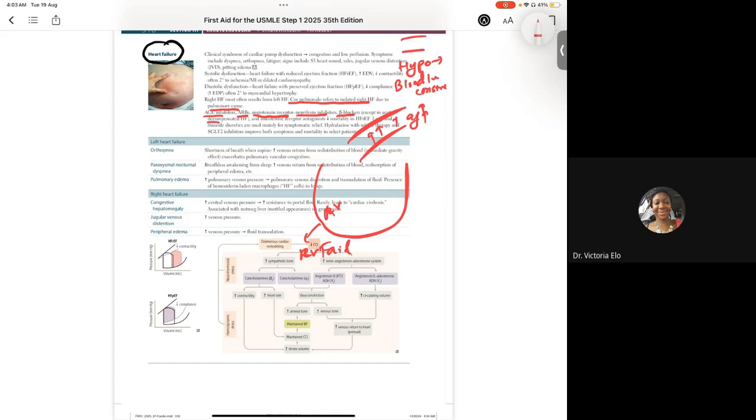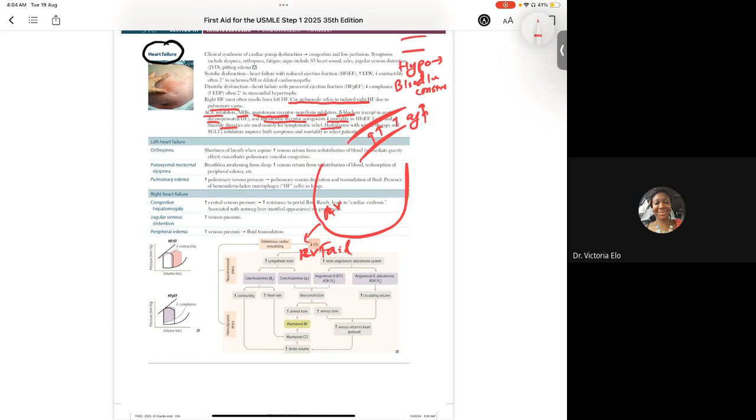Similarly, we can give aldosterone receptor antagonists, which can decrease mortality, and thiazide diuretics. All of these drugs basically eliminate extracellular fluid volume, which decreases the blood volume in the body and decreases the stress on your heart, right? Because the heart is failing and cannot pump blood, you have to remove the stress.